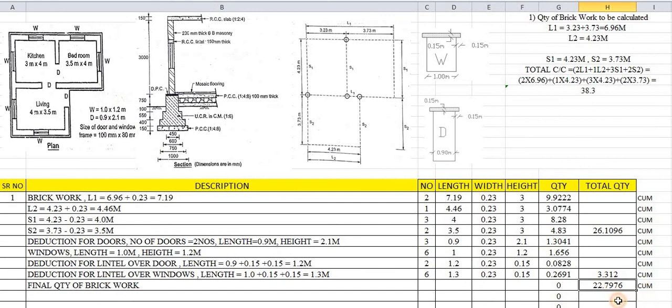So this is nothing but the quantity of brickworks which we have to calculate in case of brickworks. So this is the addition quantity, and this is nothing but the subtraction quantity. We can provide the minus sign also here, minus 3.312.